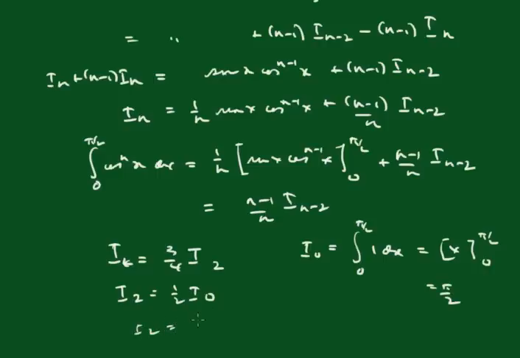I_2 would be 1/2 of pi upon 2, or pi upon 4, which means that I_4 must be 3/4 times pi upon 4, which is, as required, 3 pi upon 16.